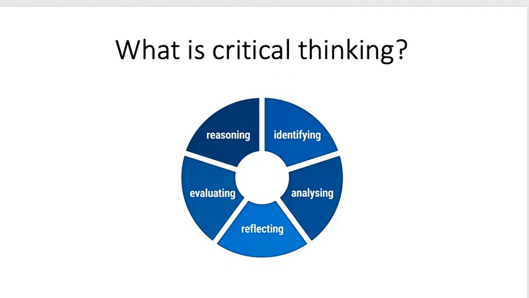To engage in critical thinking means that you are using reasoning to understand, identifying patterns or big ideas, analyzing what you are reading, evaluating evidence presented, and reflecting on your own knowledge and/or possible biases about a topic.